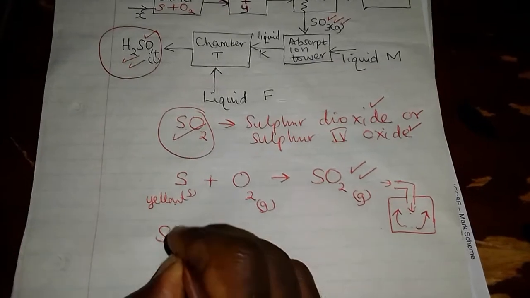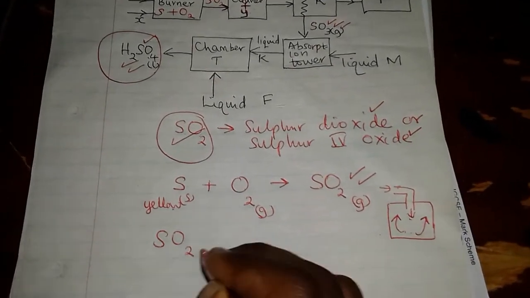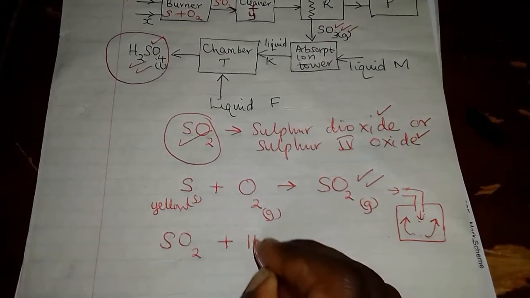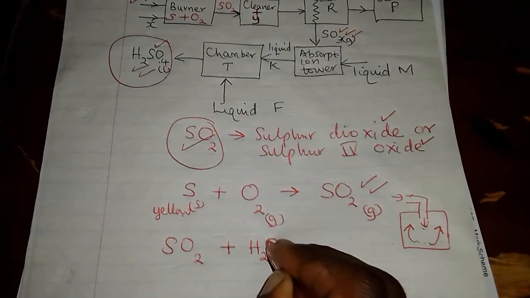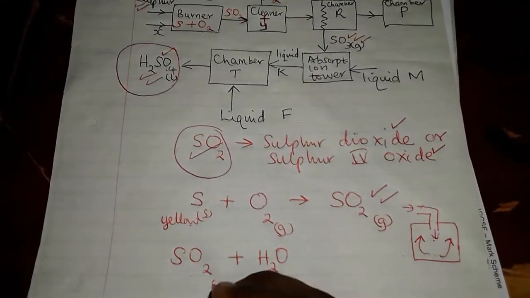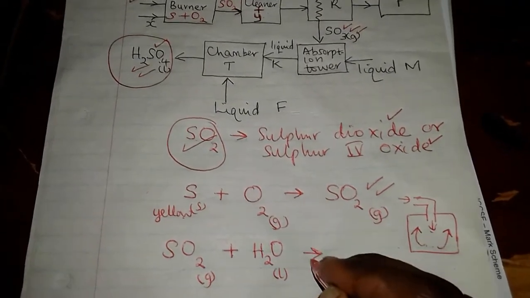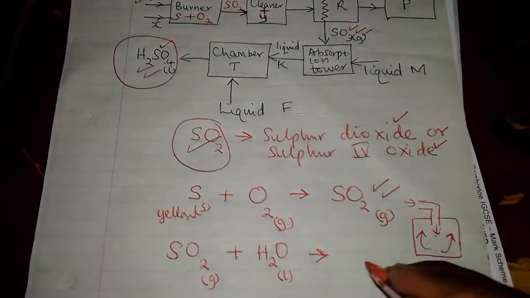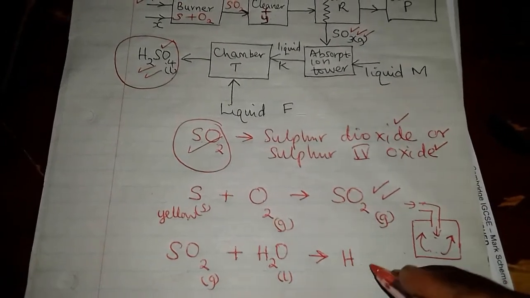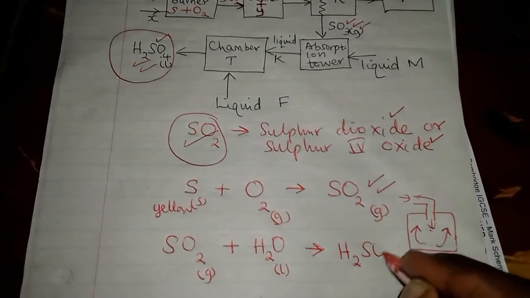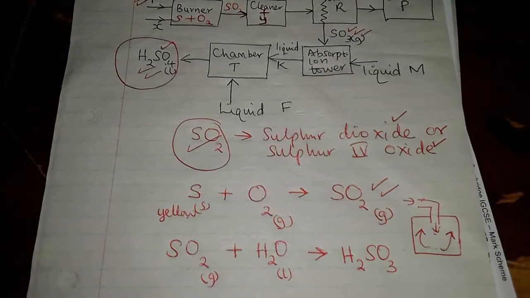If you take sulfur dioxide, then you dissolve it in water. Unfortunately, this is a gas and this is a liquid. When such a reaction takes place, what are we going to have? We are going to have H2SO3. What is this?